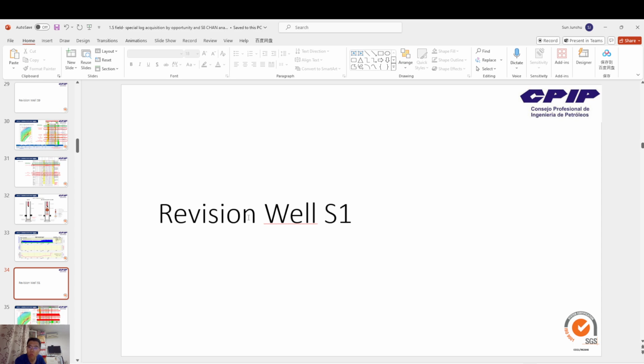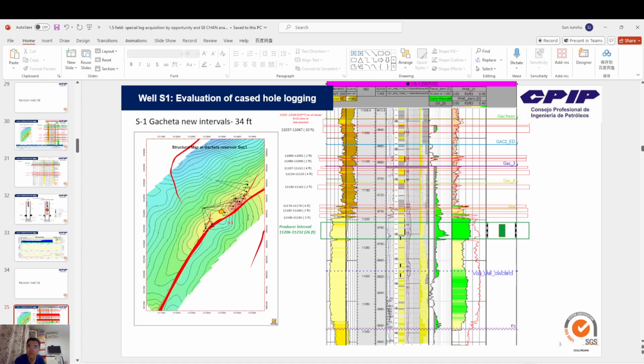Revision well S1. Gajita new interval includes 34 feet. This well is currently producing from Wuni with 26 feet. So all Gajita 1, 2, 3, 4 not producing.